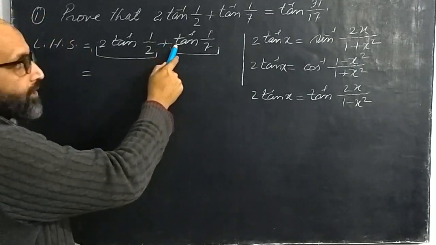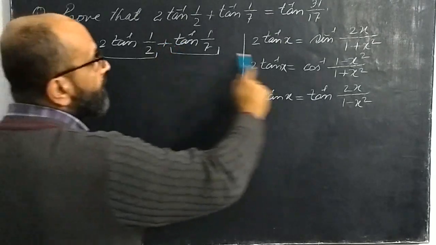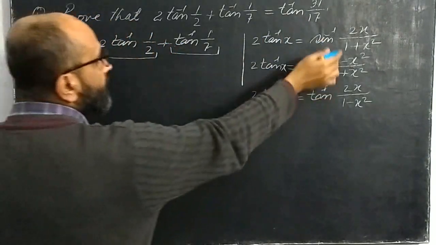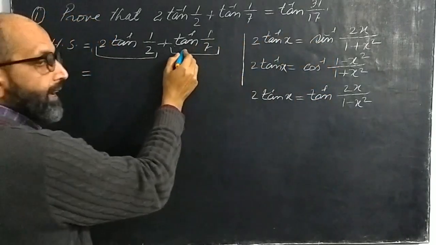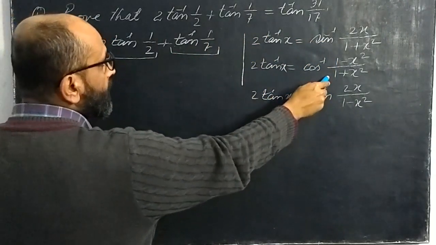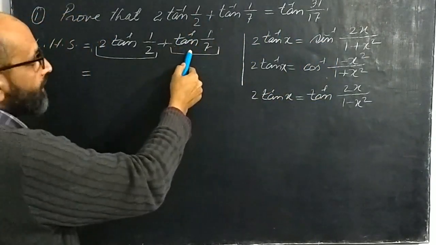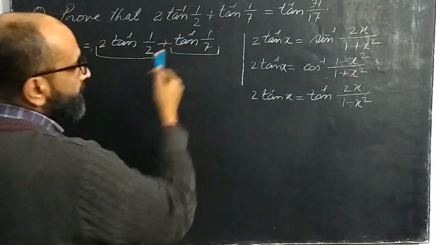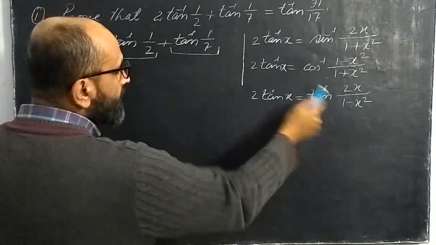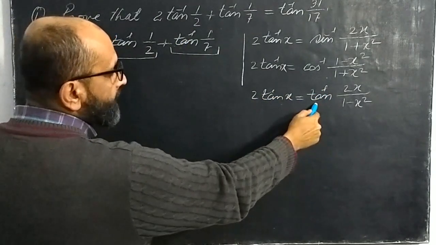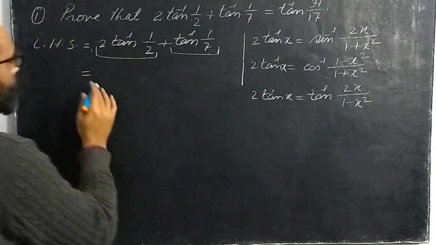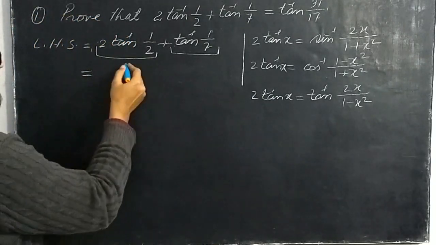If this inverse trigonometric function is given in sine inverse form, then we have to use this formula. If this is given as cos inverse, we have to use this one formula. And if this is given in terms of tan inverse, as it is given here in this sum, we need to use this formula. So 2 tan inverse x is equal to tan inverse 2x upon 1 minus x square. So let's use this identity over here.